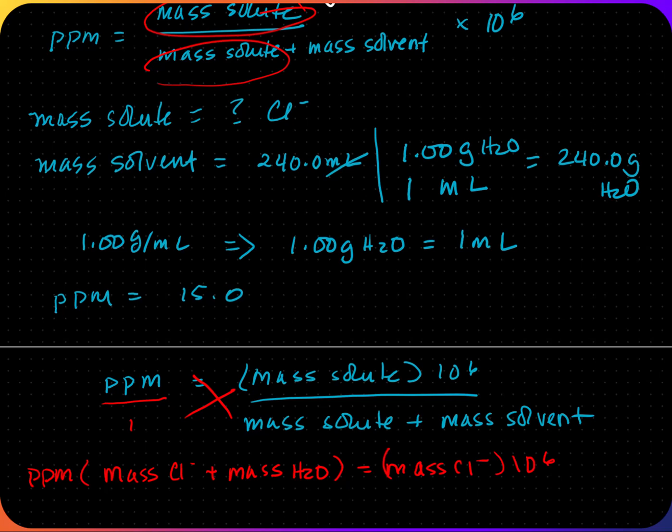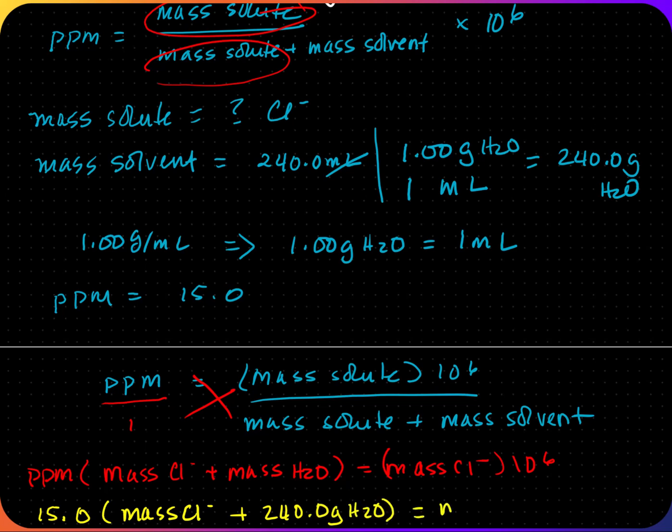At this point, for most of you, it's going to be simpler if you plug in some of the numbers, so you can get rid of a lot of these variables. My parts per million is 15. We identified these variables earlier. The mass of the chlorine ion is what I am looking for. My mass of water, I solved that to be 240 grams using dimensional analysis.